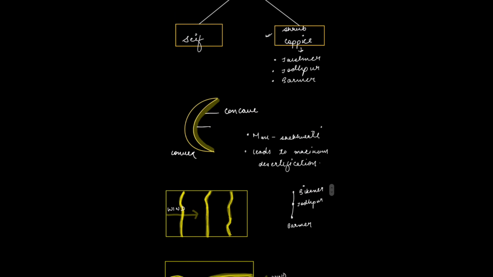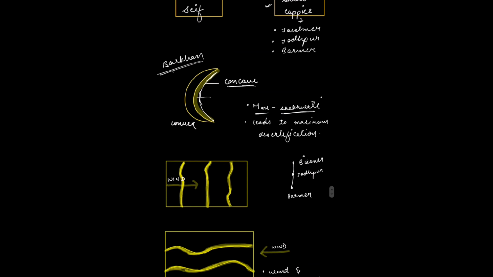The first one is Barkhan. In Barkhan, what we have is, over the concave side we have deposition of winds, or we have deposition of soil, right? These are maximum found in Shekhawati, and Barkhan leads to maximum desertification.